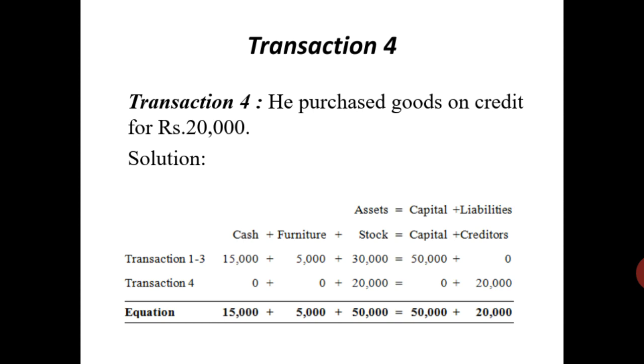Transaction 5. Goods costing rupees 25,000 were sold on credit for rupees 35,000.